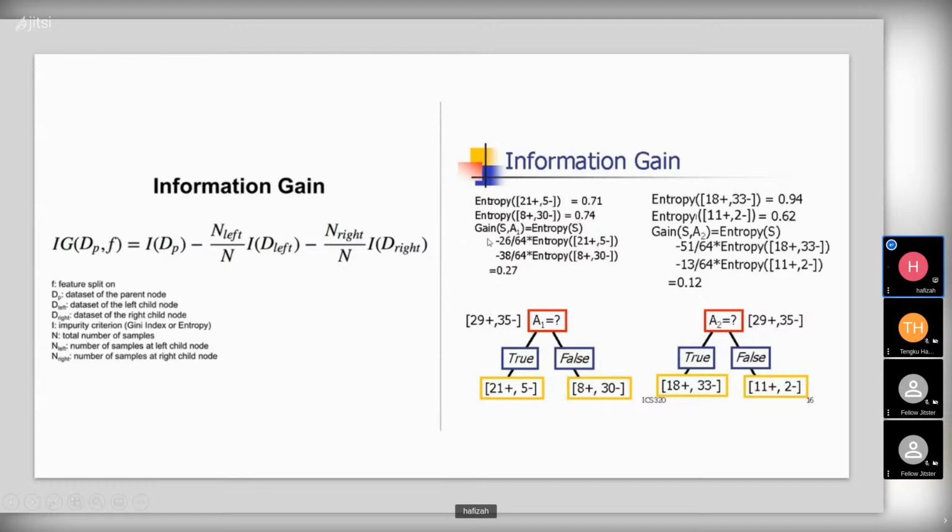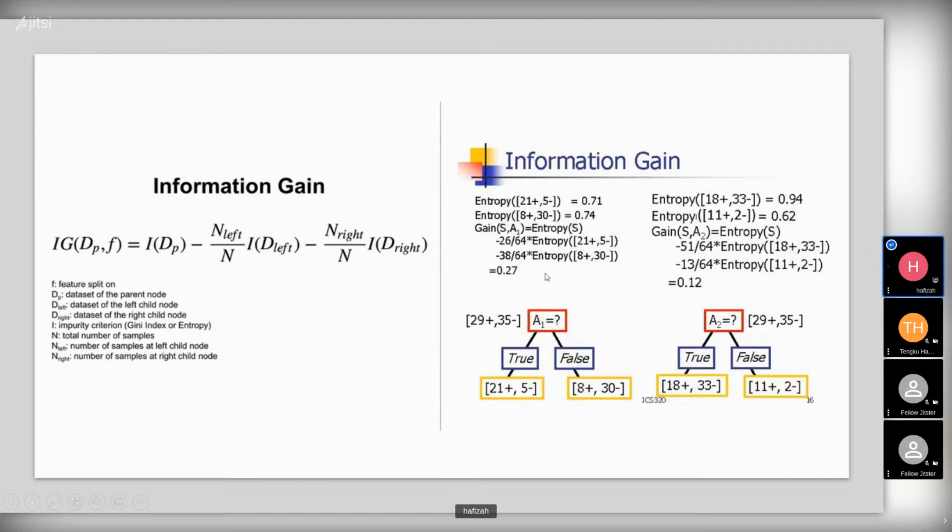How to get the information gain? It also considers the parent one. So entropy for parent minus this one: 26 divided by 64, which is the total number of positive and negative in the true category divided by the total sample, 64, multiplied by the entropy for this node, minus this one, 38 divided by 64 multiplied by the entropy for the false node.